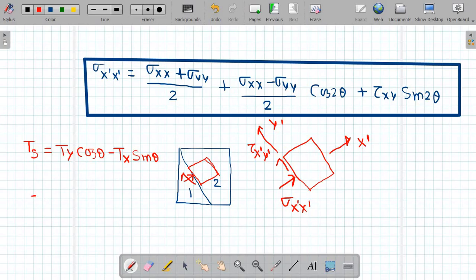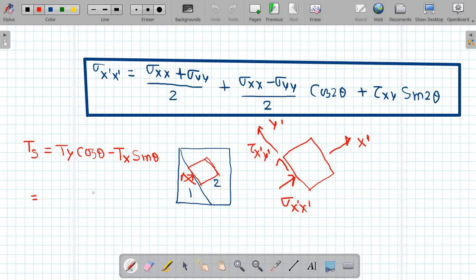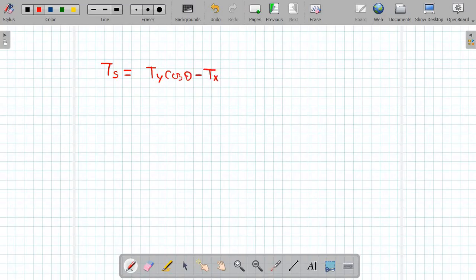So, what is the value of Ty, and Tx I can take from here. Now Tx is, first we will consider Ty, shear yx cos theta. Ty cos theta minus Tx sin theta. I am arranging on a new page.